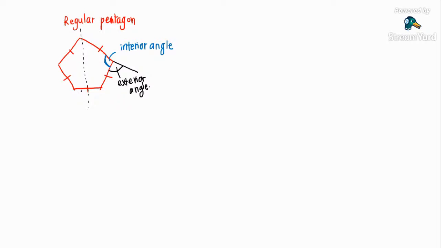Another thing you must remember is that the number of axes of symmetry of a polygon is the same as the number of sides. In this example, a pentagon has five sides, which means it has five axes of symmetry as well. Whenever you draw the line, just make sure that the two sides are the same, and then the line becomes the axis of symmetry.